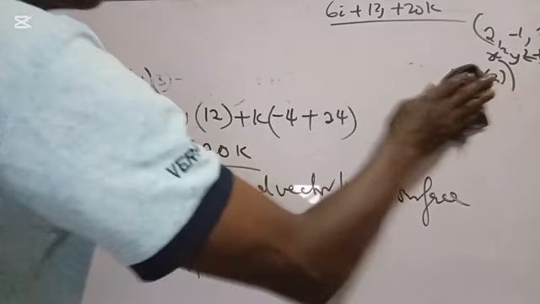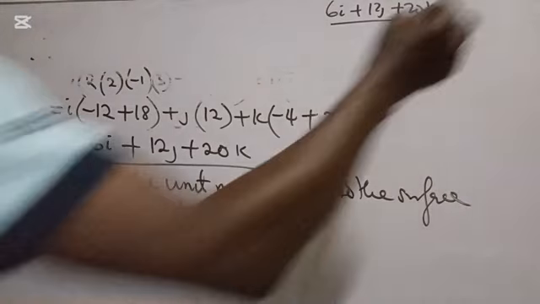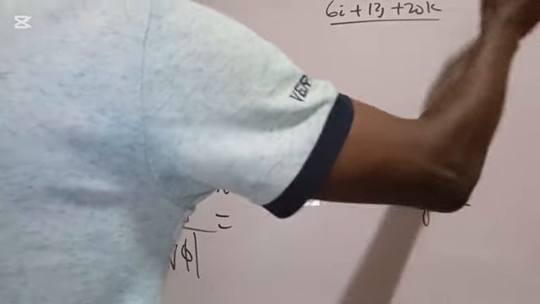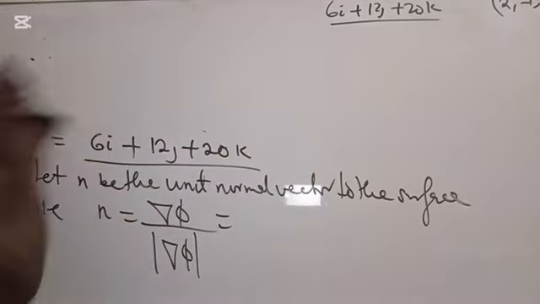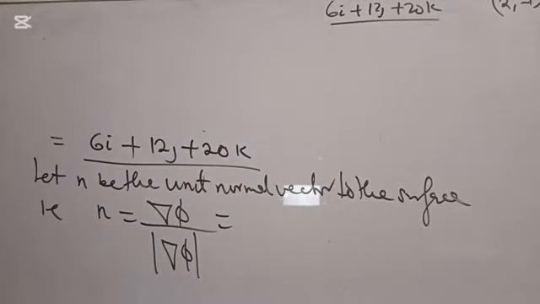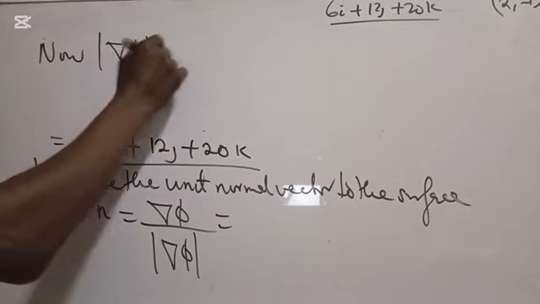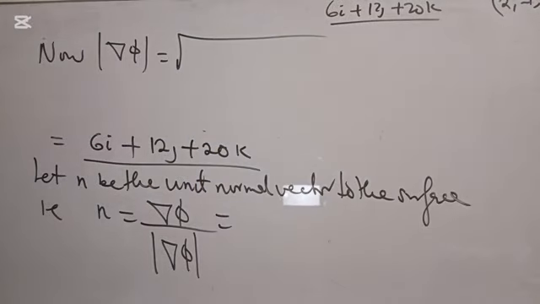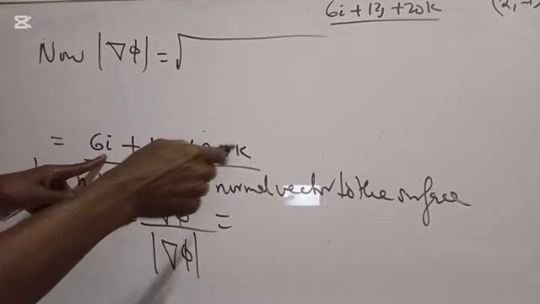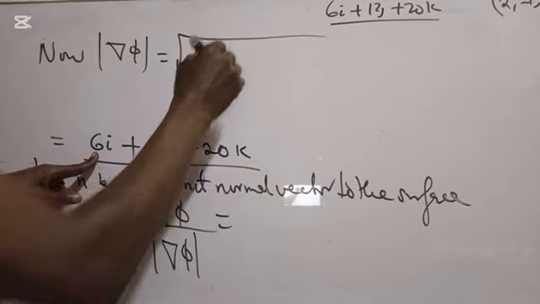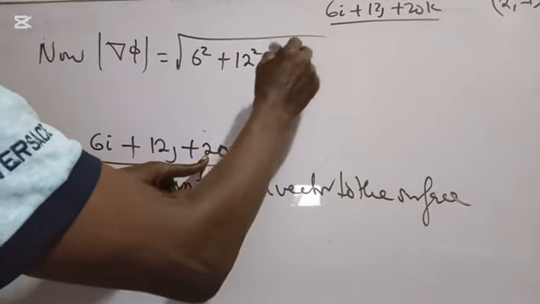We want to find the modulus. Now the modulus of grad phi is the square root of, 6i is the x component of the vector, so this is 6 squared plus 12 squared for y, plus 20 squared.